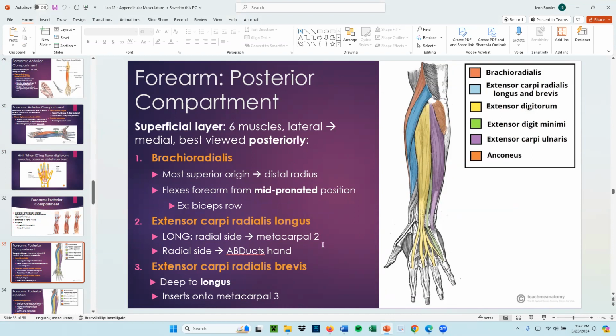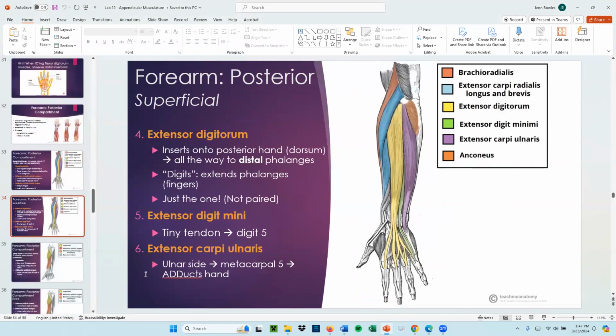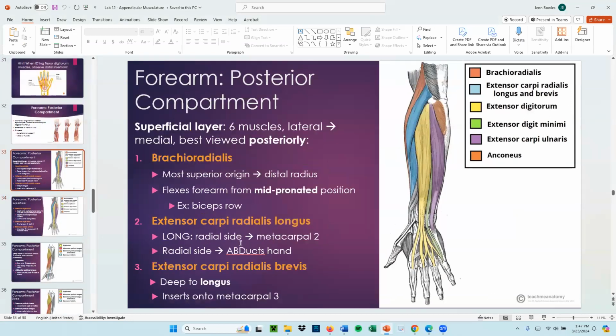That is another reason why extensor carpi radialis longus and then extensor carpi ulnaris are also really good test questions. So if you break down this really annoyingly long Latin name, we're still extending the wrist. And in this case, this muscle is running along the radial side of the forearm.